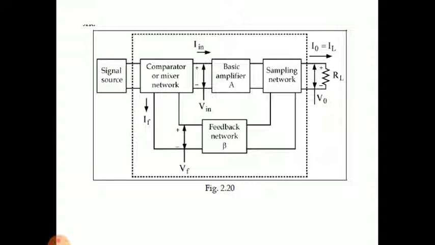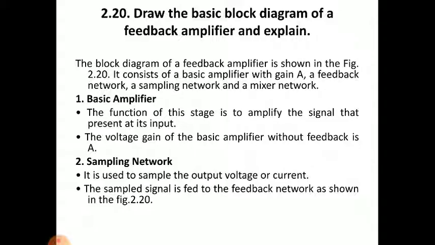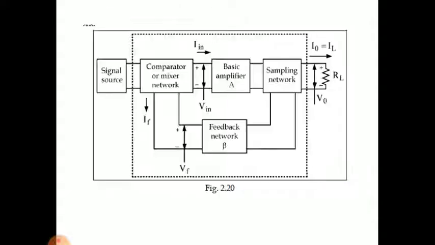The input is from the output of mixer network. So the basic amplifier will amplify the output of the mixer network. The voltage gain of the basic amplifier without feedback is A. So we have seen here A is the gain of basic amplifier, the gain of the circuit without the feedback network.